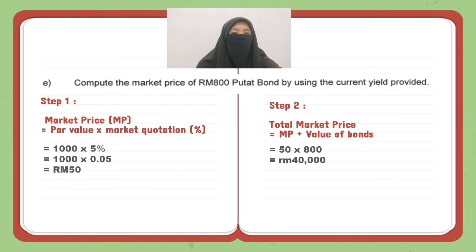The par value was assumed as 1000 since it was not given. So, the value is RM 15. Last step is to calculate the total market price, which is 50 times 800 equal to 40,000.